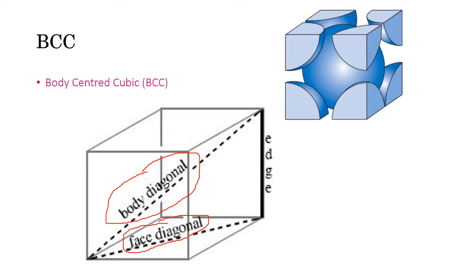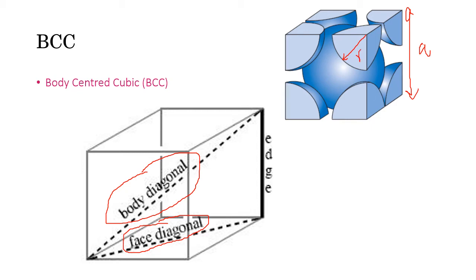This information will be helpful in deriving the relationship between the edge length a, which is a particular edge of the cube represented by small a, and the radius of the atom. So if that is a particular corner atom, then the radius of this atom is represented by small r.